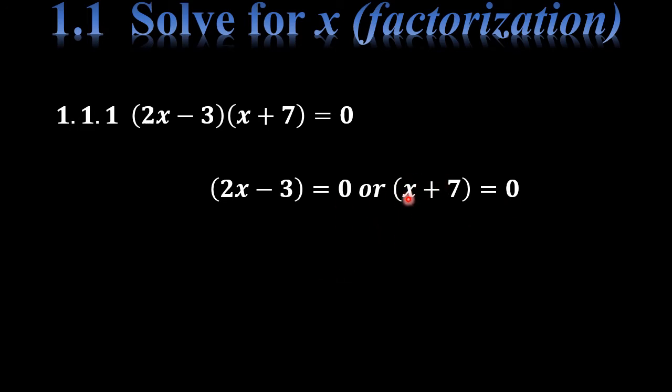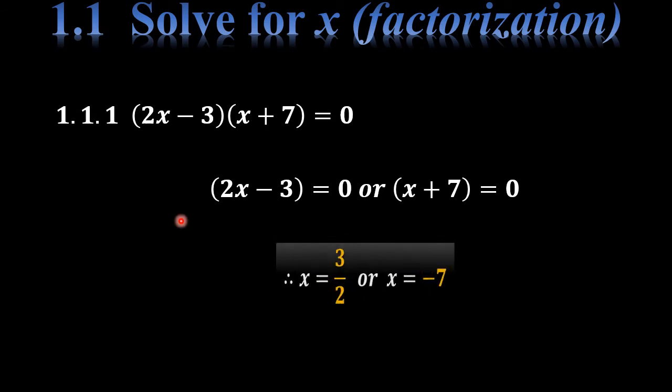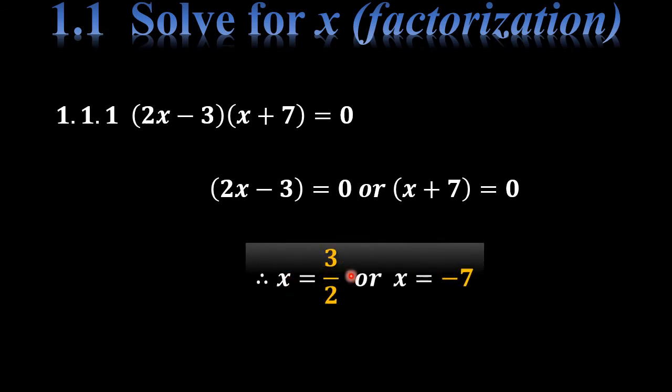So our final solution would take minus 3 to the other side, it becomes positive, then from there we divide by 2. So our final solution will be x is equals to, don't make a mistake, this is not minus, because minus 3 to the other side is positive. From there you divide by 2, then you remain with 3 divided by 2, or x is equals to minus 7.